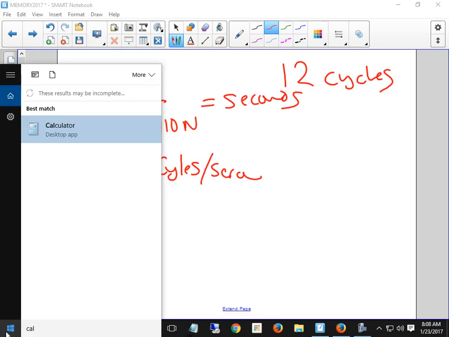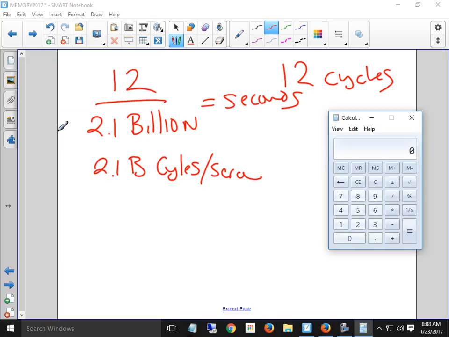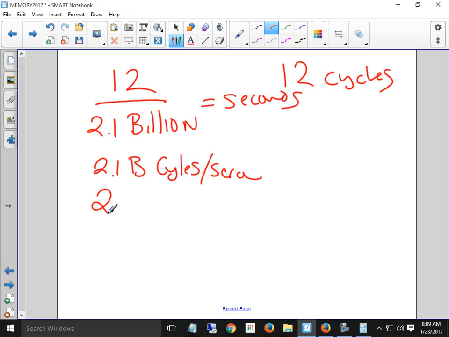So we do 12 divided by 2.1 billion, and it's 5.7142 to the -9.